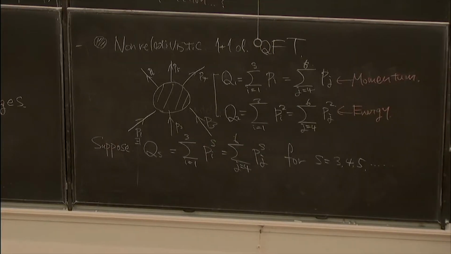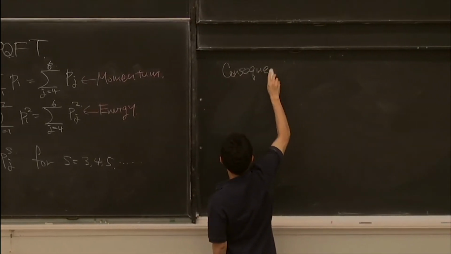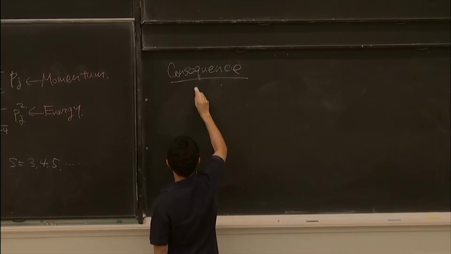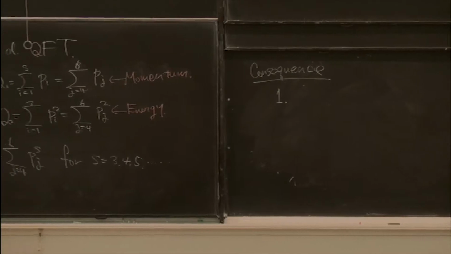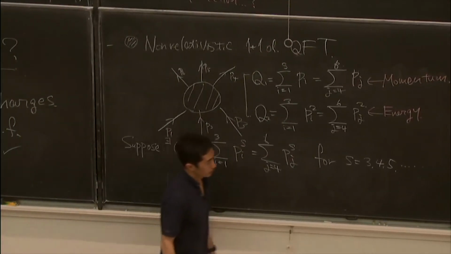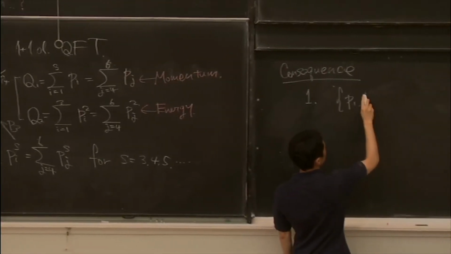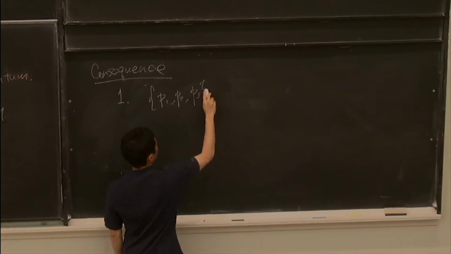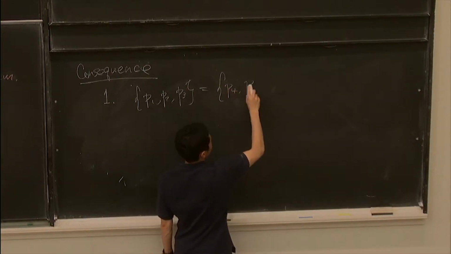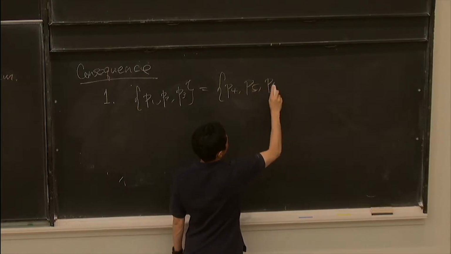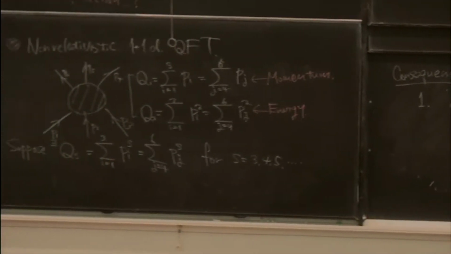So the first consequence is that if you impose the conservation of these infinitely many charges, then you can immediately show that the set of incoming momenta, P1, P2, and P3, must be equal to the set of outgoing momenta, because otherwise there is no way for you to satisfy these infinitely many conservation relations.